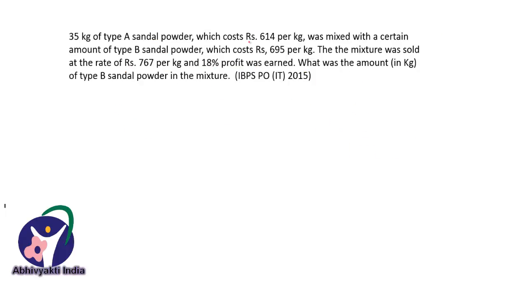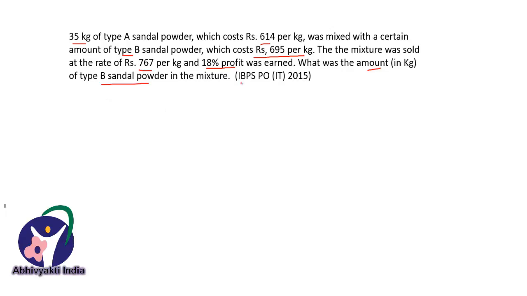Here is another question. 35 kg of type A sandal powder, which costs rupees 614 per kg, was mixed with a certain amount of type B sandal powder, which costs rupees 695 per kg. The mixture was sold at the rate of rupees 767 per kg and 18% profit was earned. What was the amount of type B sandal powder in the mixture?